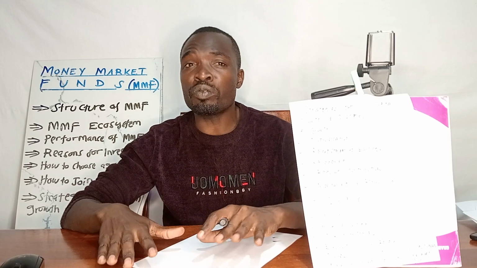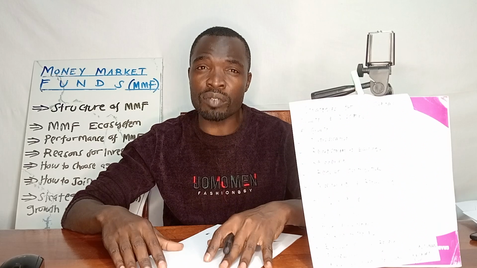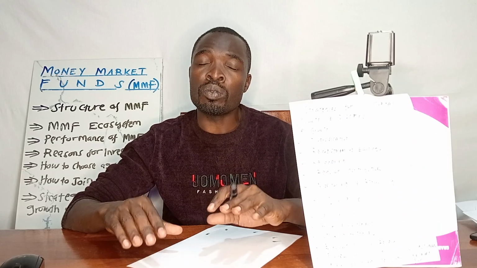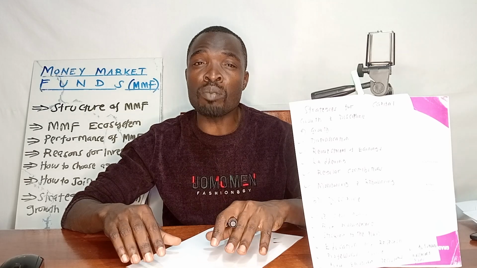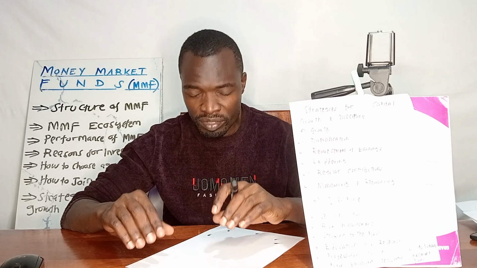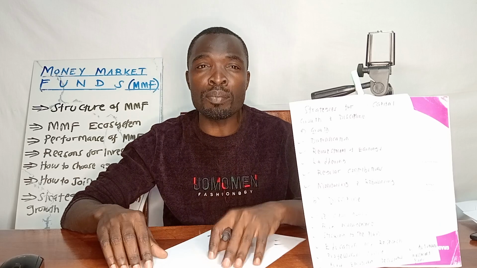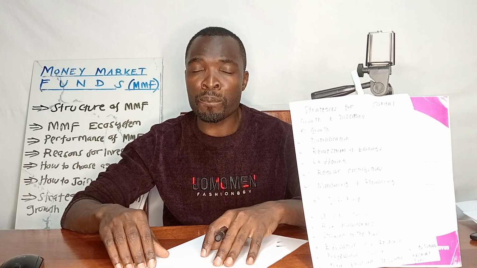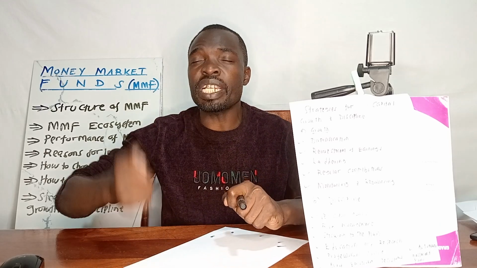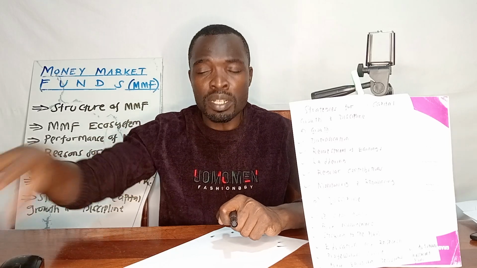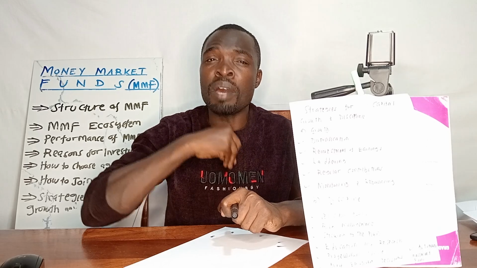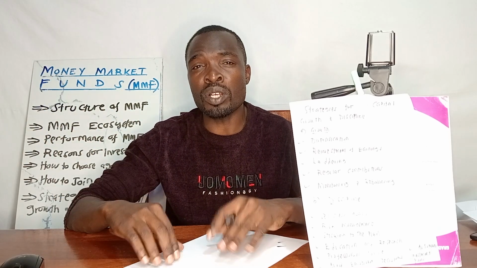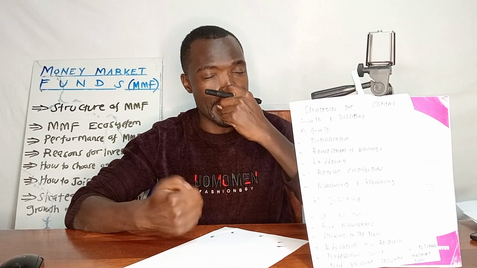So reinvestment of the interest earned from money market funds to take advantage of compound growth, and this will significantly enhance the capital growth over time. Someone who consistently tops up the account and never withdraws, after 1 year, they will be miles ahead as compared to someone who kept withdrawing their interest.